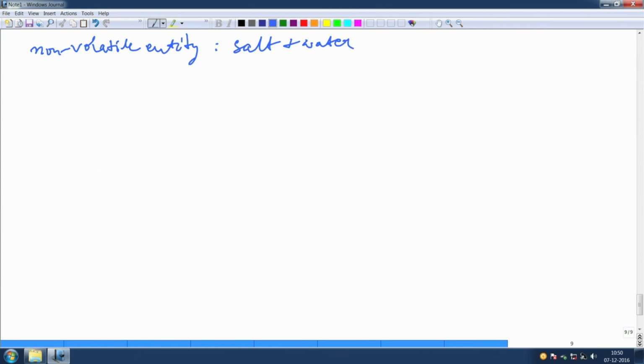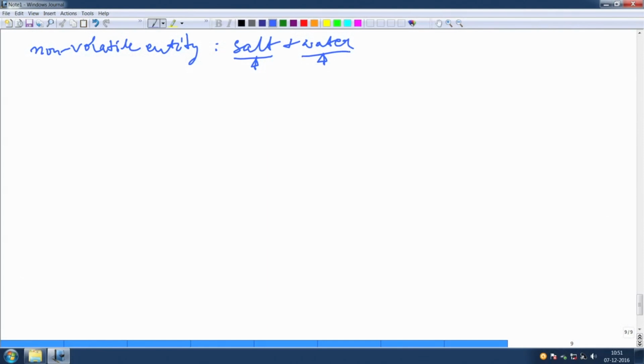Salt is a solute, water is a solvent. Salt is a non volatile component, water will vaporize, salt will not, right. So, in that case, to solve this problem you need to solve the species equation within the liquid. The gas phase is already there, where the water vapor goes into the air, and we have taken into account the diffusion terms and all those things.